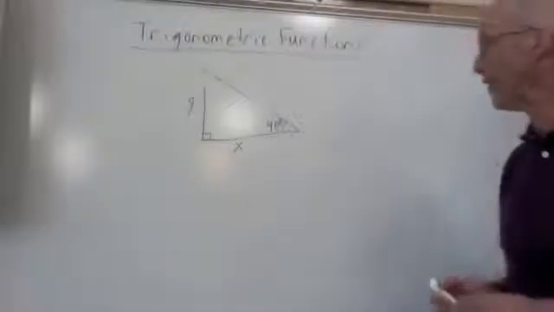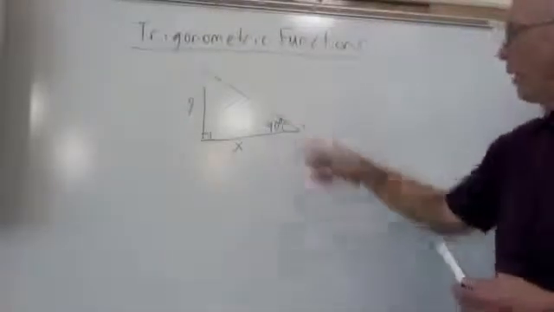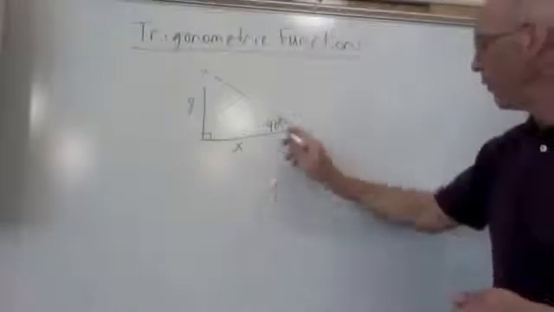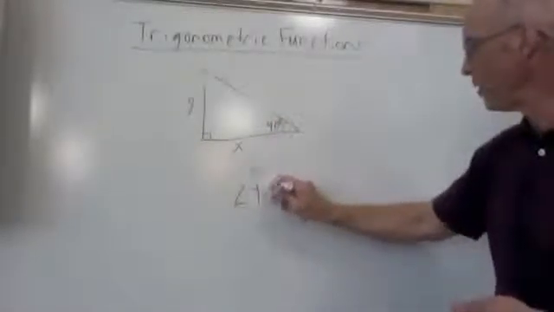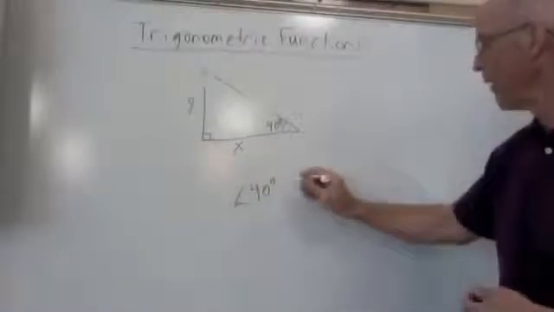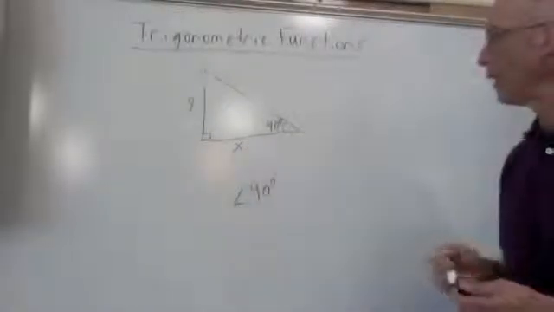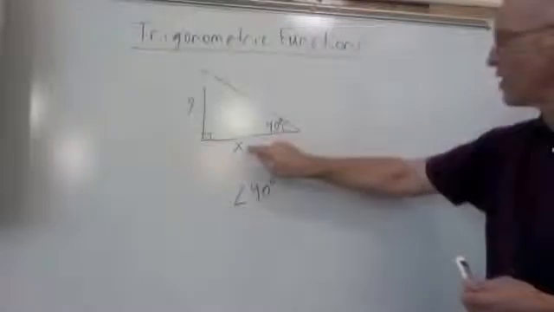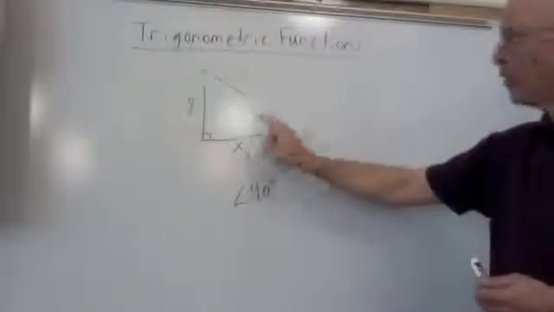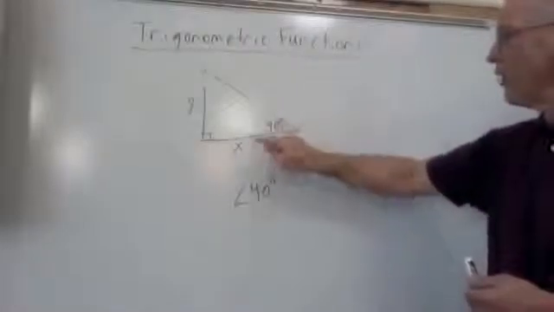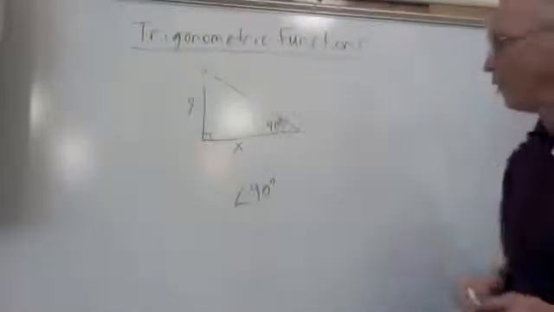Let's figure out what x is. Well, our angle is 40 degrees, and we want to figure out x. So we're going to have to use something that uses the adjacent side, right? We don't know the hypotenuse, so we don't want to do adjacent over hypotenuse.